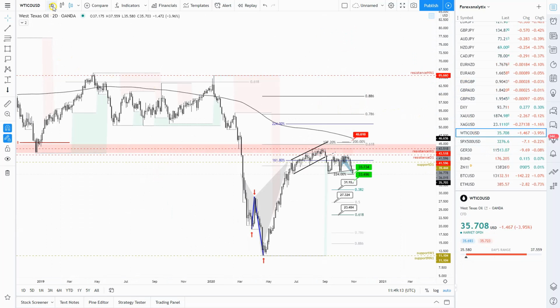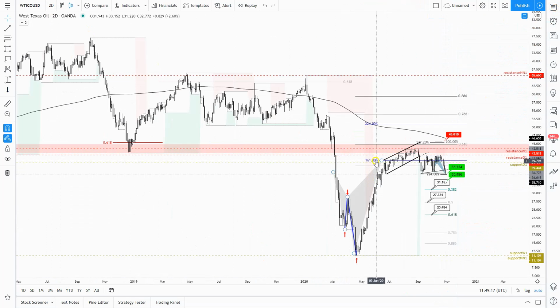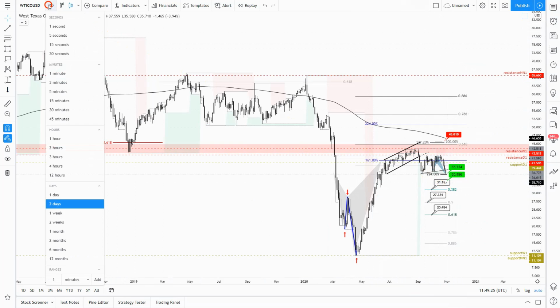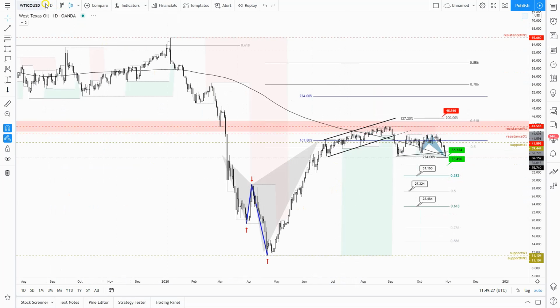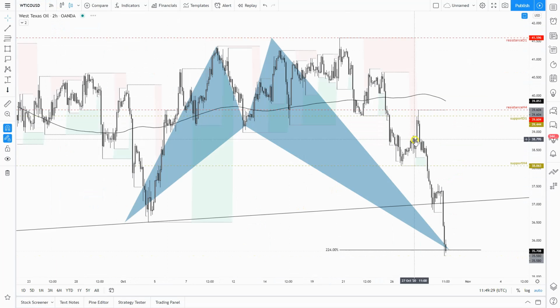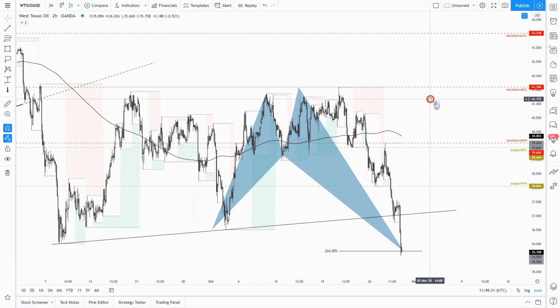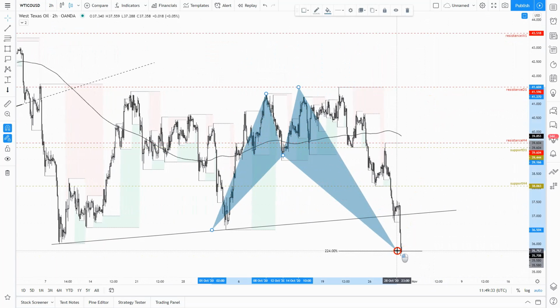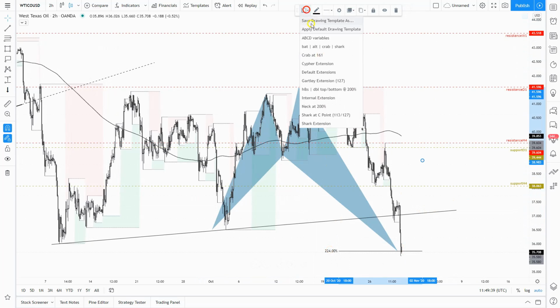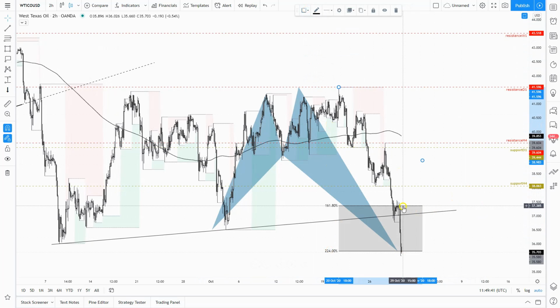This is the crude oil. I was expecting from this golden Fibonacci extension a retracement to the 38% Fib, 3115. This is a daily time frame chart, but if you go into a 2 hours time frame, we are already trading the 224% Fibonacci extension. The market has failed the 161 right there.